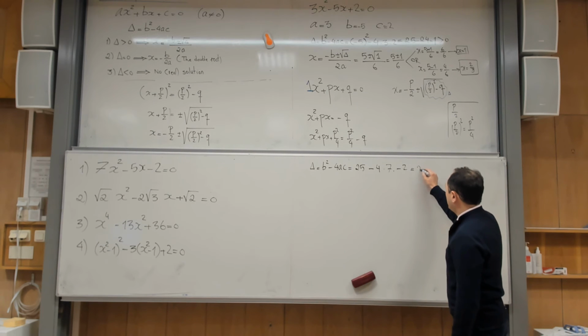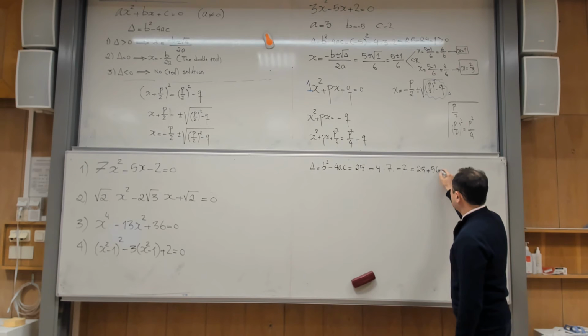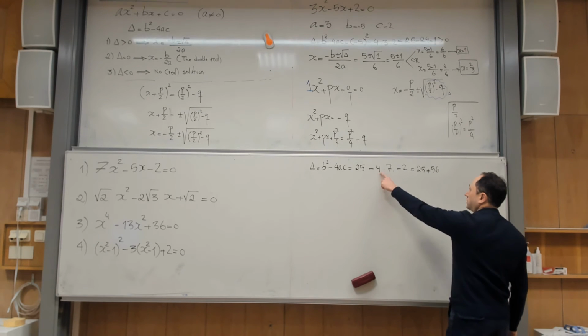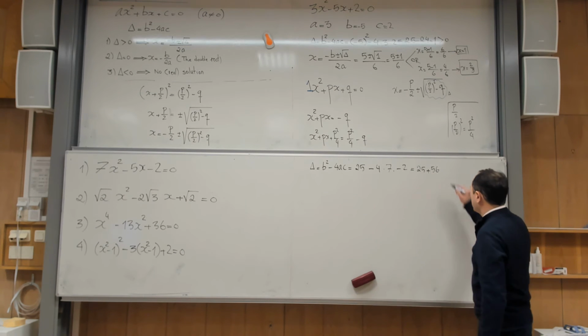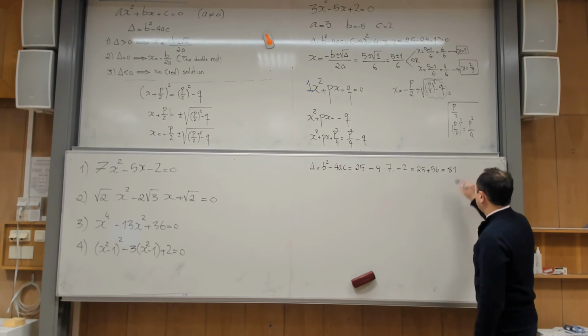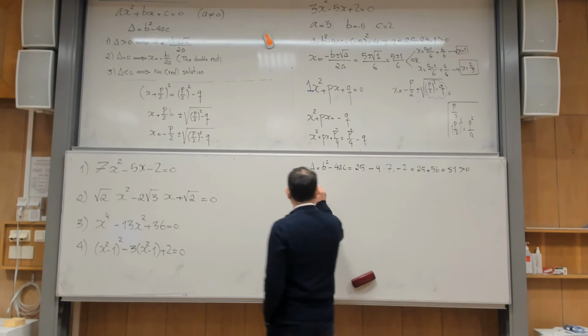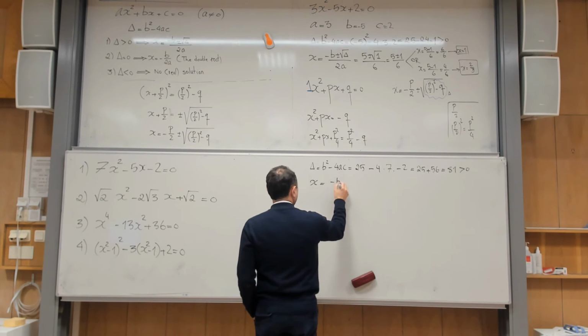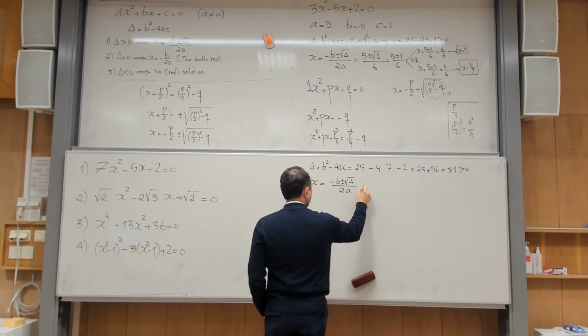So then it becomes 25 plus 56. Yes, because minus 4 times minus 2 is positive 8, times 7 is 56. And that becomes 81. 81 is positive. So I will have 2 roots, yes? So the roots are minus b plus or minus the square root of delta divided by 2a.